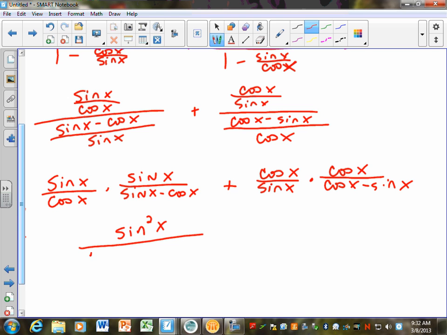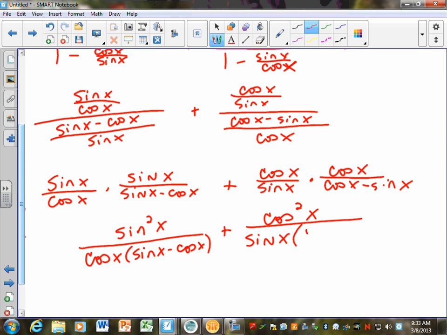And on the bottom, I get cosine of x times sine of x minus cosine of x. And over here, cosine times cosine is cosine squared. And again, I'm not going to multiply out the bottoms, because if I multiply out the bottoms, nothing's going to cancel. It's just going to be a big mess.